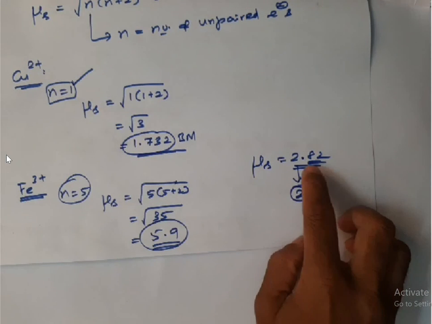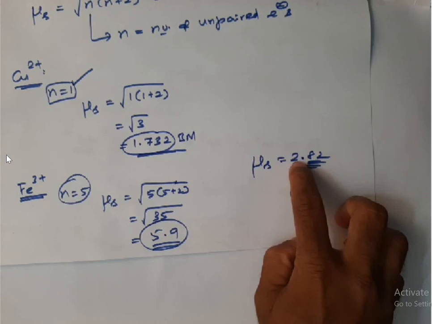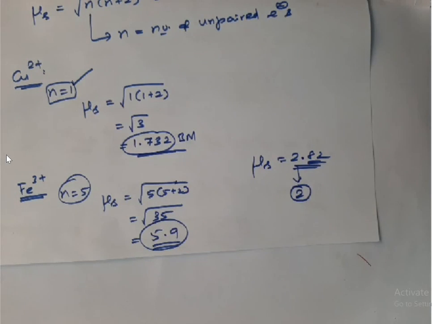Whatever number is present in front of the decimal point gives you the number of unpaired electrons. But there are some exceptions also, but usually this is the idea, right? Is the concept clear, students? Any doubt?